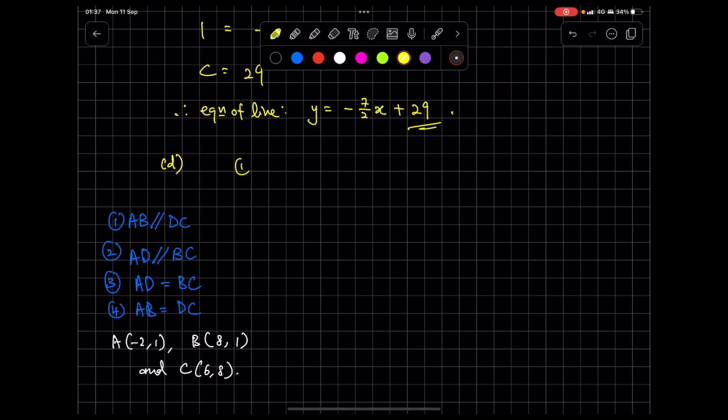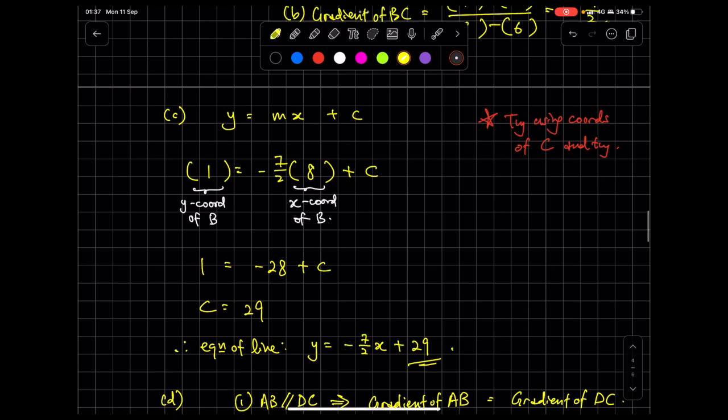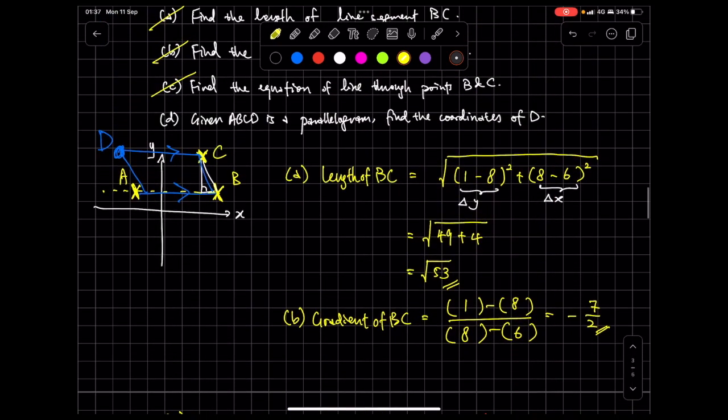So first one, AB is parallel to DC. So what does this mean? This means that gradient of AB must be equals to gradient of DC. Okay, what is gradient of AB? I think I found it at the start.